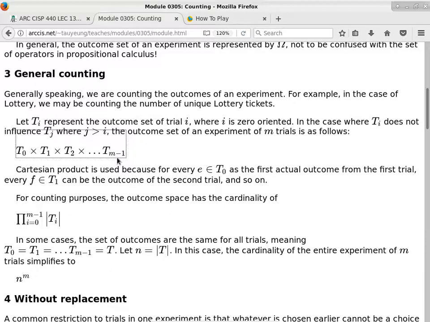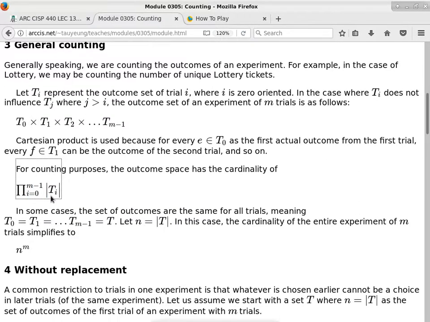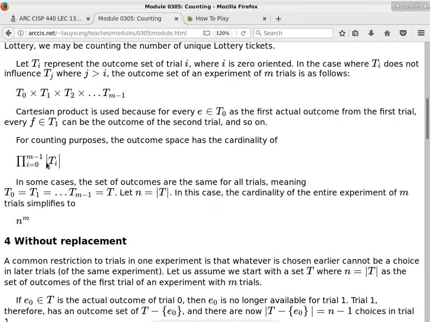Okay. So when you want to look at the number, which is the cardinality of this entire big Cartesian product, then you're really just looking at the product of i going from 0 to M minus 1 of the cardinality of each T subscript i. So are there any questions about this part? The outcome space has a cardinality that is just the product of all the cardinalities of the individual trials.